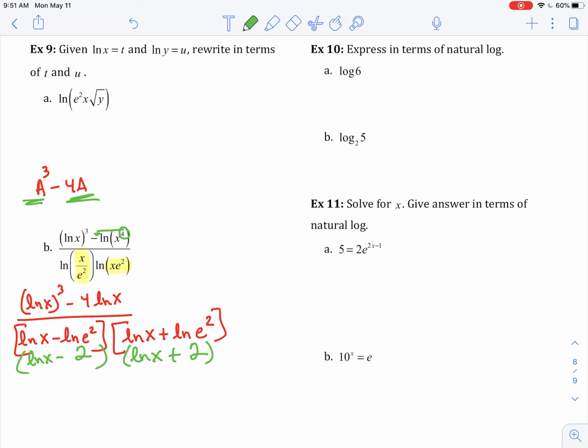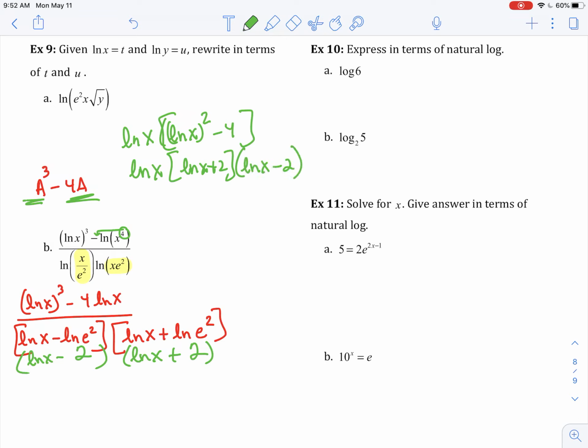So in our numerator, we could be factoring out that natural log of x. If I take out that natural log of x, I'm going to be left with the natural log of x squared minus 4, or that's going to be the natural log of x times the natural log of x plus 2 and the natural log of x minus 2.